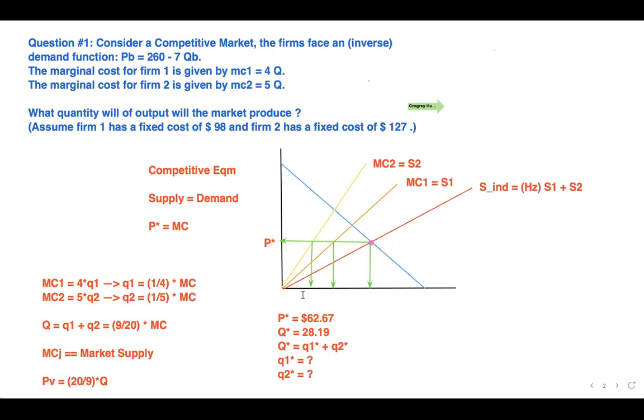Yeah, I think it's because I solved for Q first and I got 28.199, and then I solved that first. Oh, okay, so maybe yours is more accurate. But it should be pretty close though. But it's okay. 15.65 for Q1 and 12.52 for Q2.